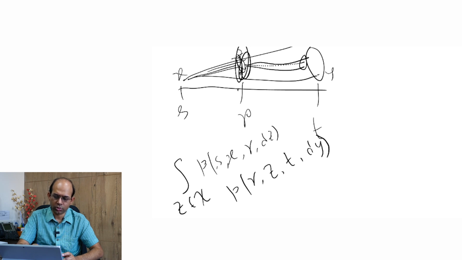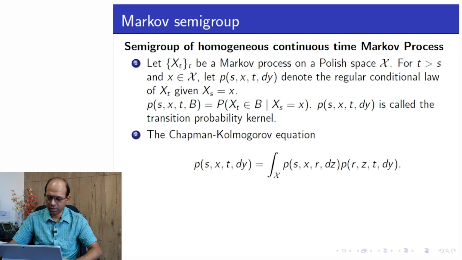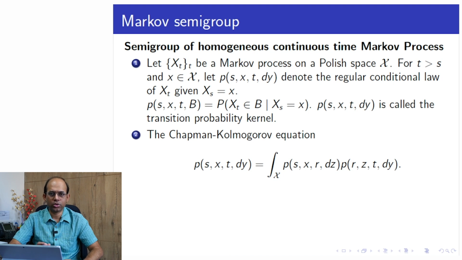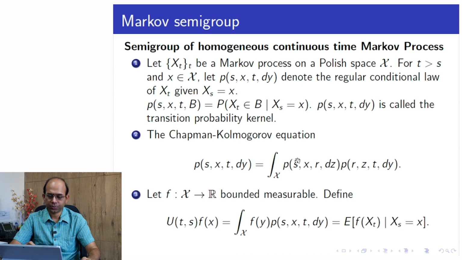That gives the transition from s to t. This is possibly something you have all seen in some course in probability theory and stochastic processes before this course. So this is the Chapman-Kolmogorov equation: p(s, x, t, dy) is equal to the integral of p(s, x, r, dz) p(r, z, t, dy), where integration is with respect to the z variable.